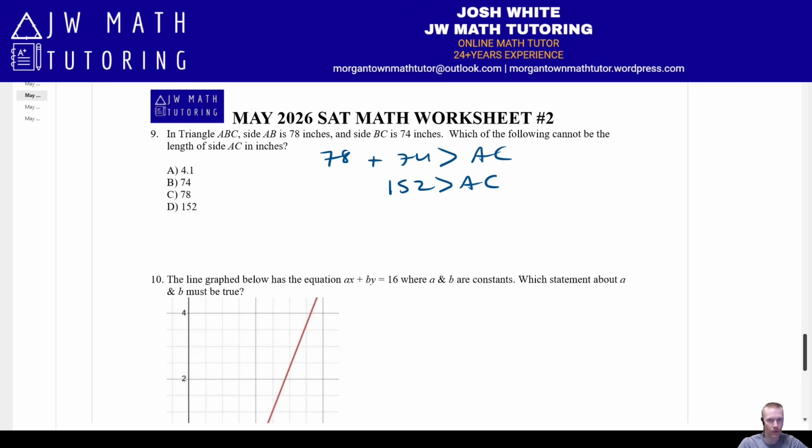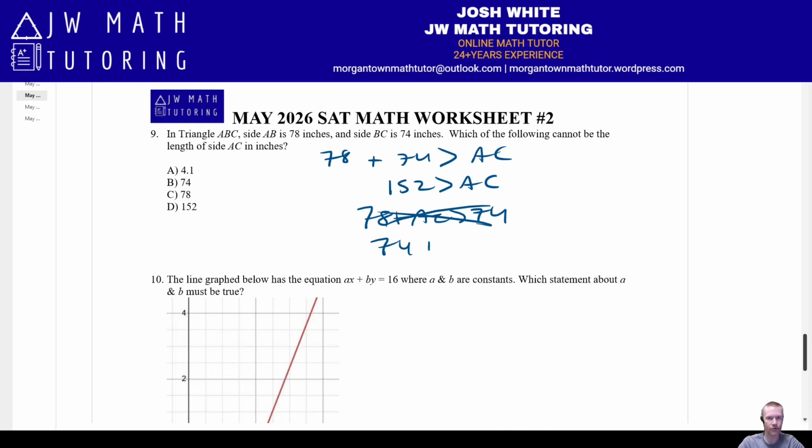Now, we can also look at it as 78 plus AC is greater than 74. This doesn't matter because 78 is already greater than 74, so it doesn't matter what you add on to it. It's going to be positive, so that one you can ignore.